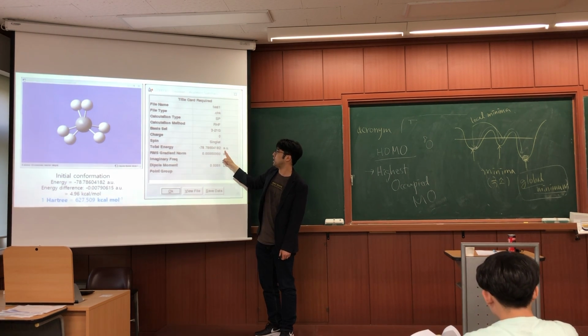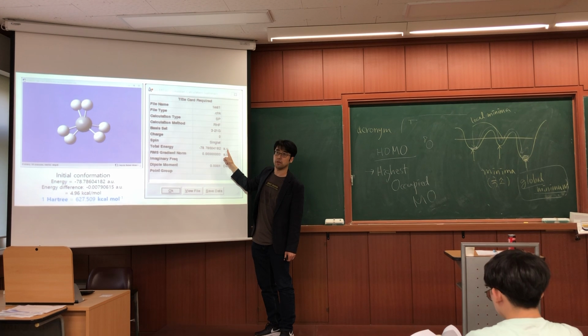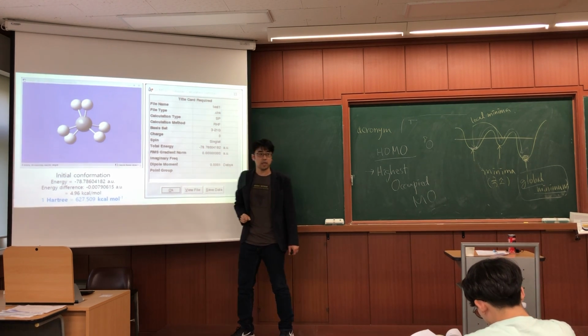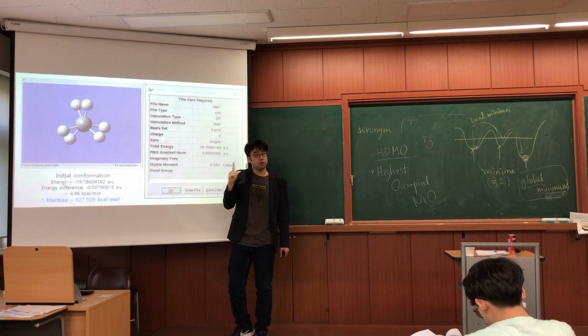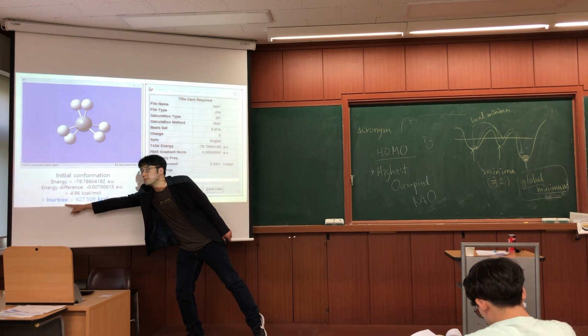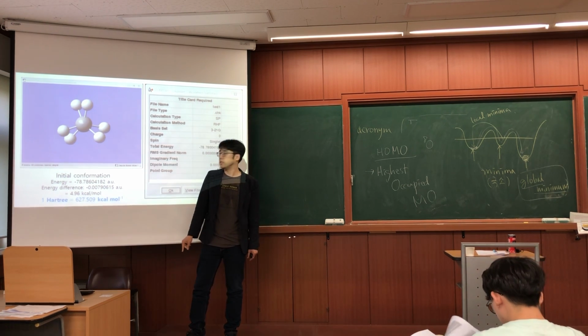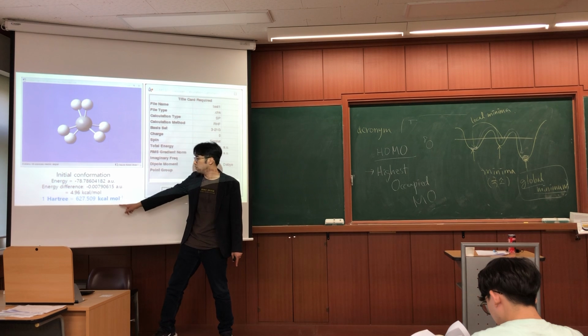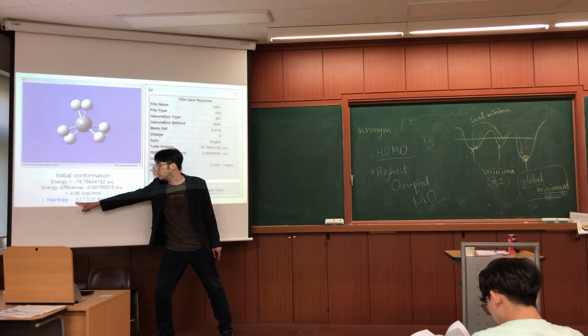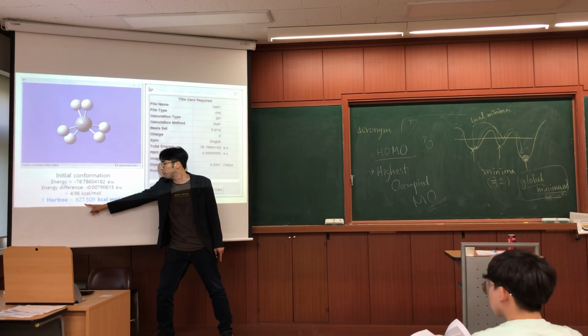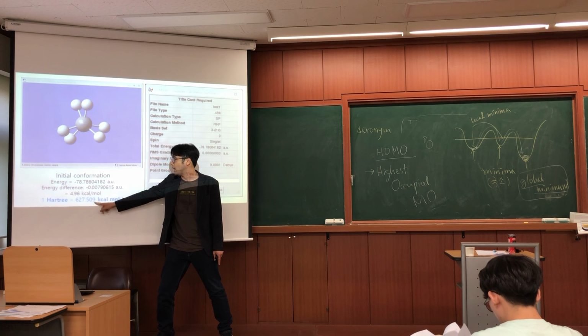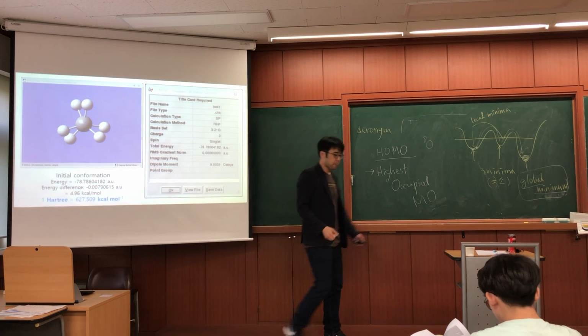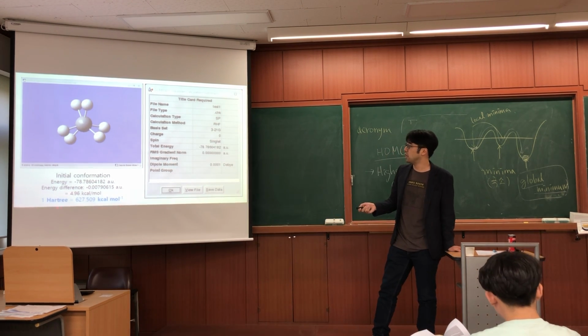And here the AU means atomic unit, right? In quantum chemistry, 1 AU is called 1 Hartree. 1 Hartree is an energy unit. 1 Hartree corresponds to 627.509 kilocalories per mole. So that is a very large energy.